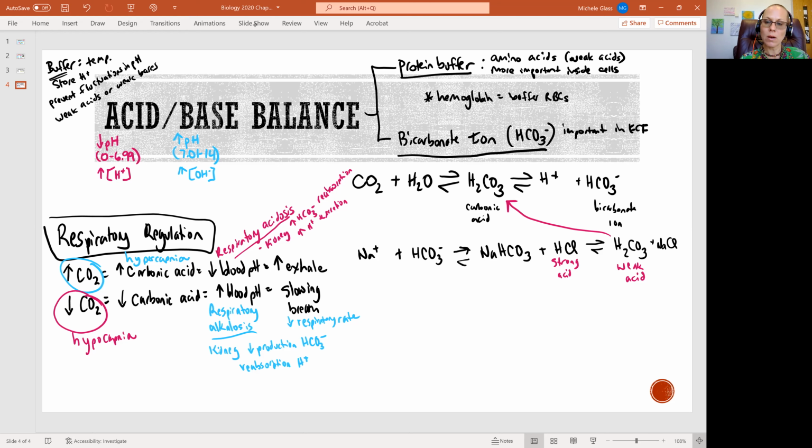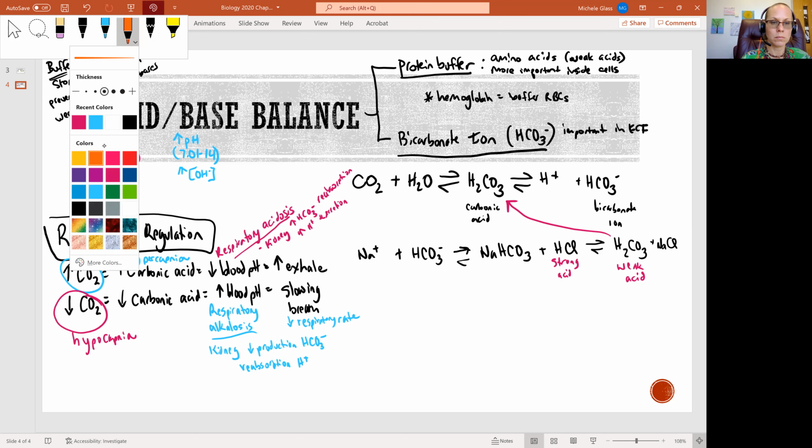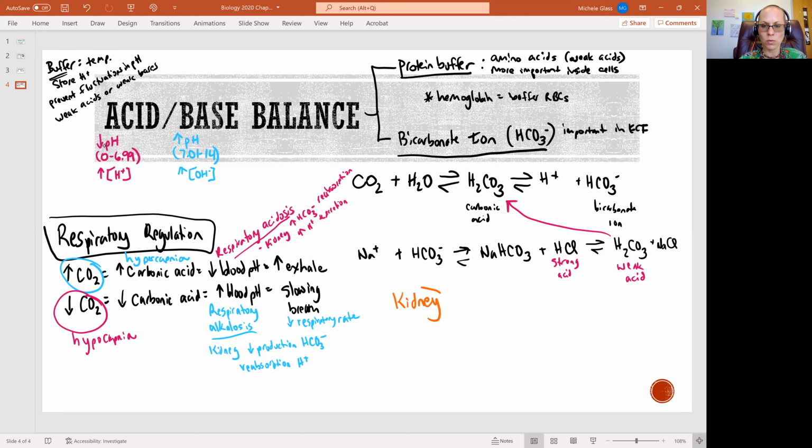When we talk about the activity of the kidney, the role of the kidney, what we see is that we get sodium ion reabsorption at the proximal convoluted tubule in exchange for hydrogen ion.